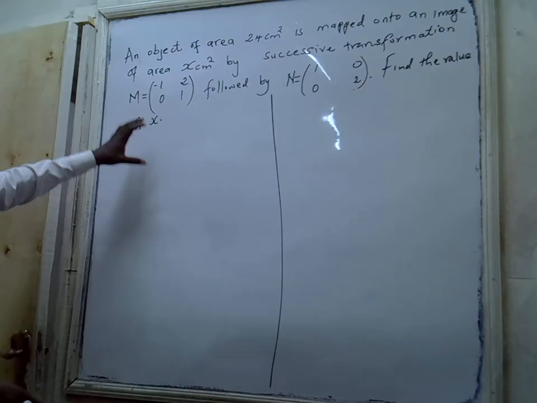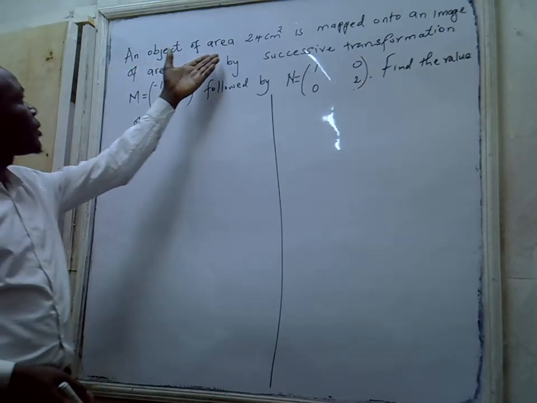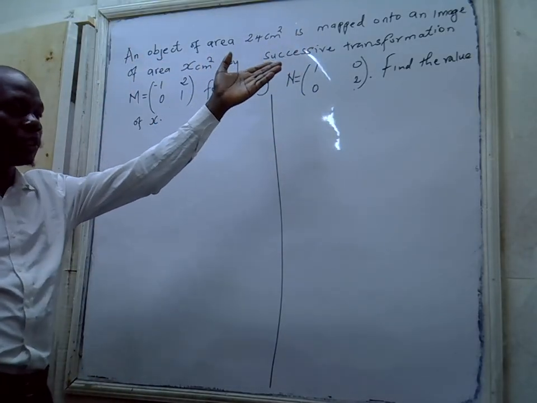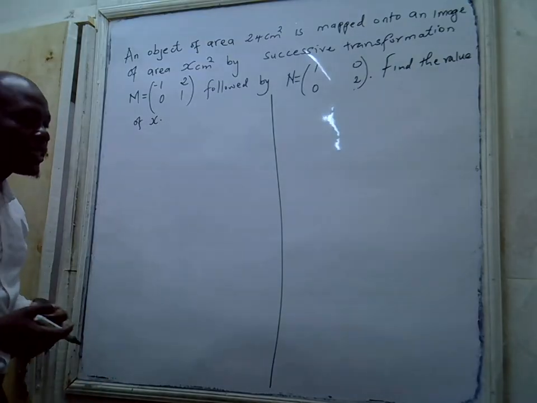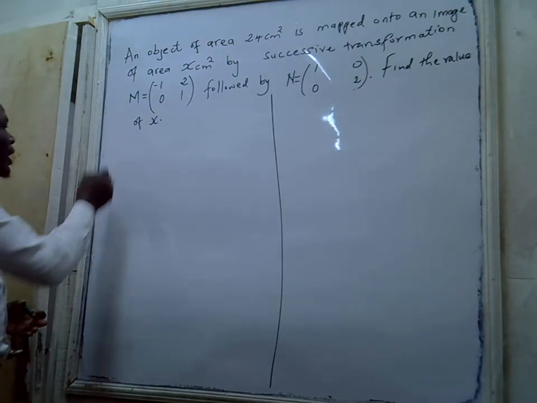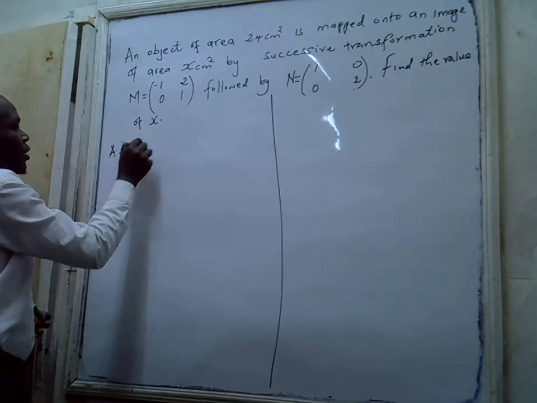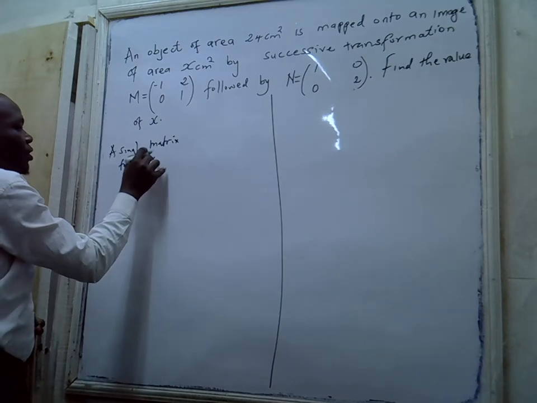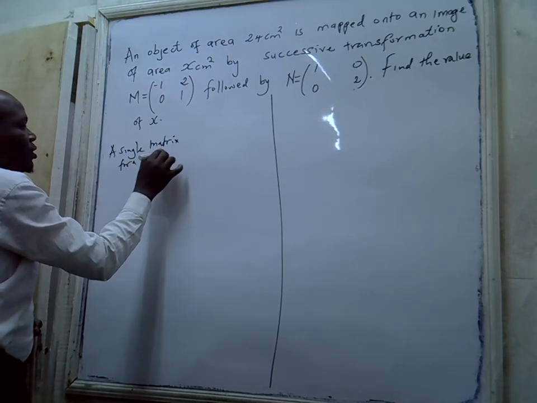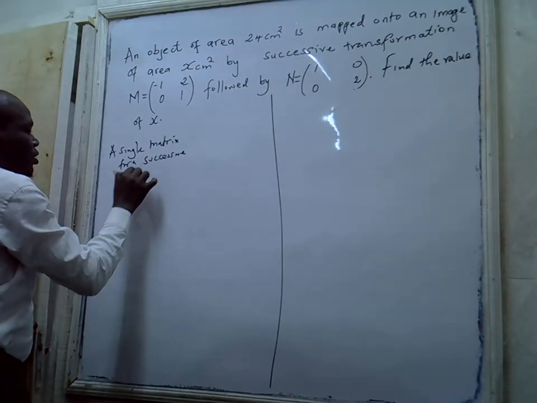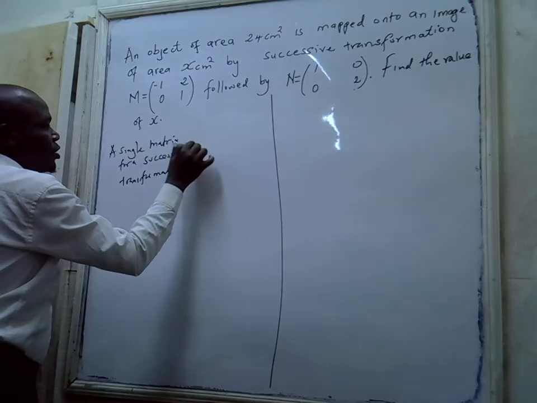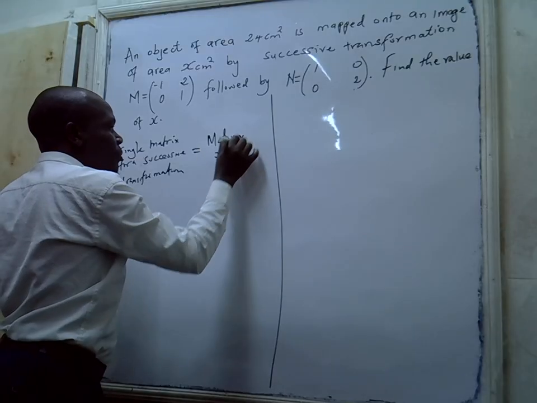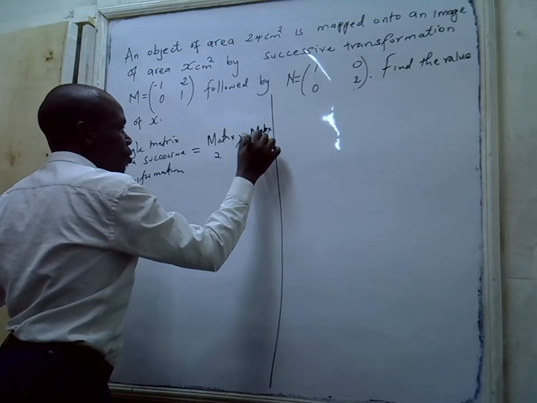So if you get a question like this, where an object is mapped onto an image by successive transformations, we know very well that a single matrix for a successive transformation is given by matrix 2 times matrix 1.